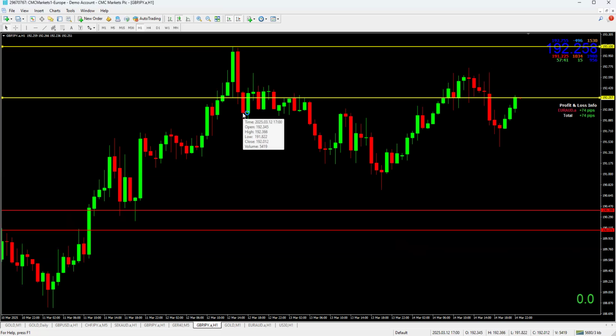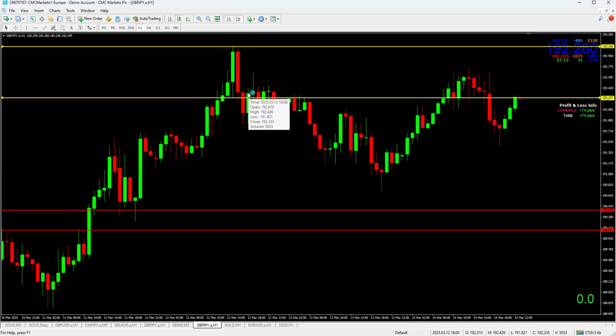Okay. But then we want a retest. So we got a proper retest here. Can you tell me why it's a proper retest? Yeah, because it wicks above the red one. No, it's a proper retest because it closed inside the range.